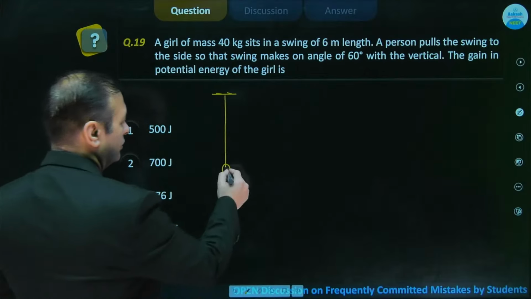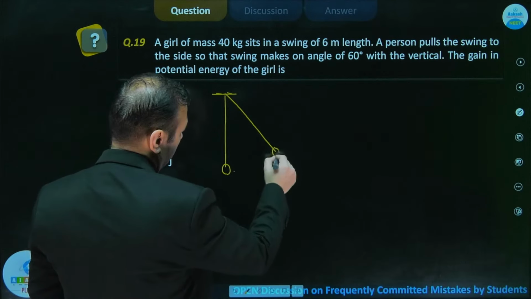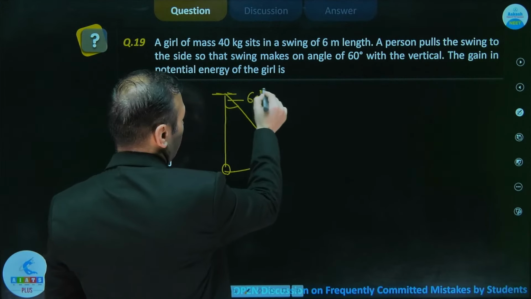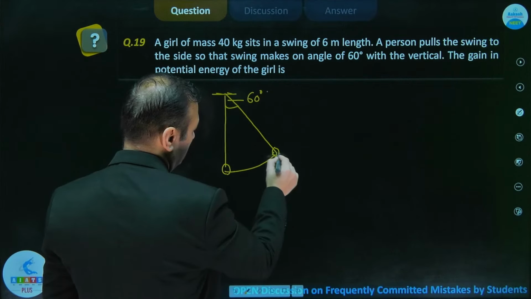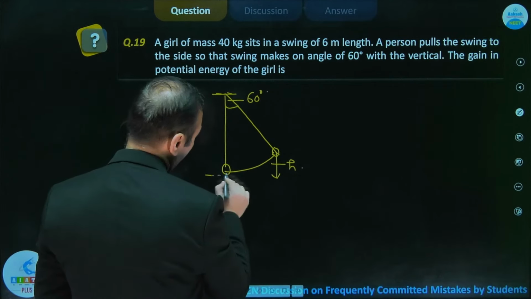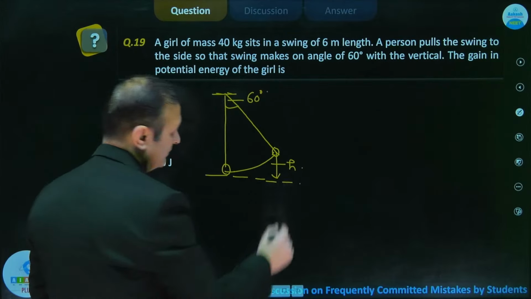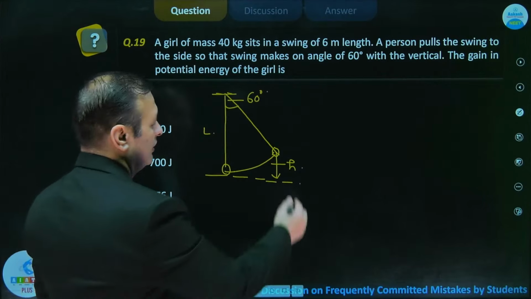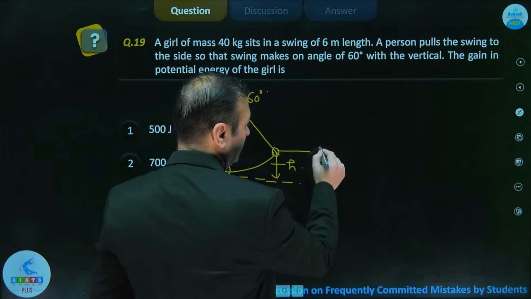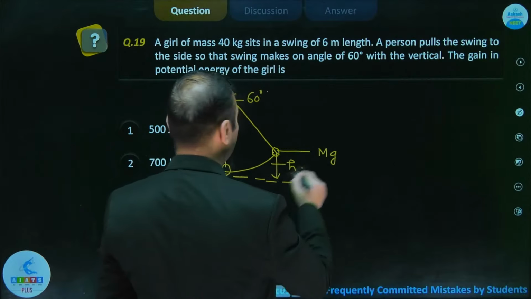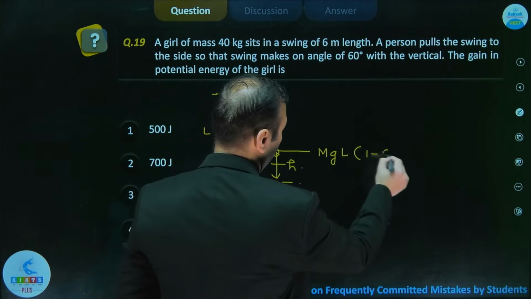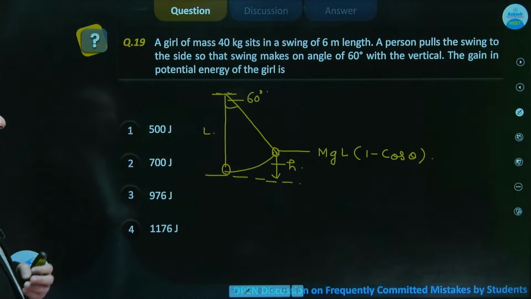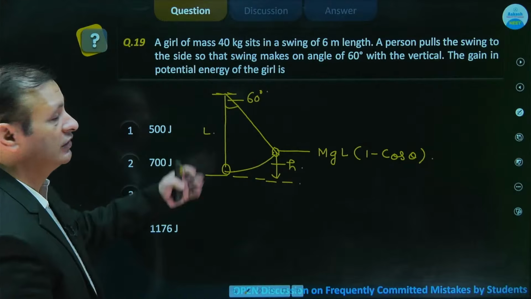When you take it to a side and it makes an angle of 60 degree, you have already attained a height with respect to this ground reference. If L is the length, now at this point potential energy is given by mgl(1 minus cos theta). So this is the gain in the potential energy of the girl.